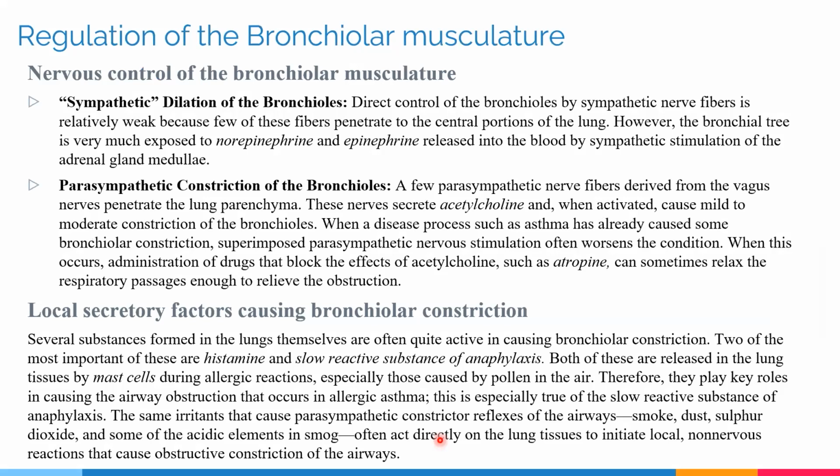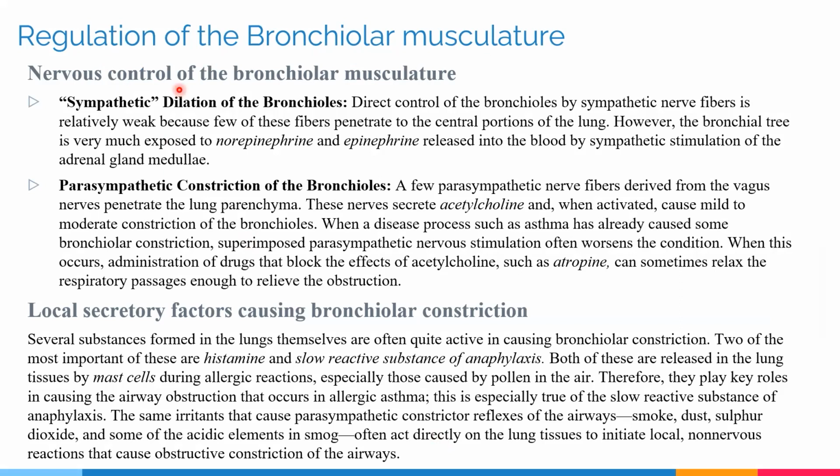Thus, after looking into the various musculature as well as structure of the respiratory passageway, we now need to look into the regulation of the bronchiolar musculature. The bronchiolar musculature can be regulated in two major ways. One is the nervous control, and the other is the local secretory factors that control bronchiolar musculature.